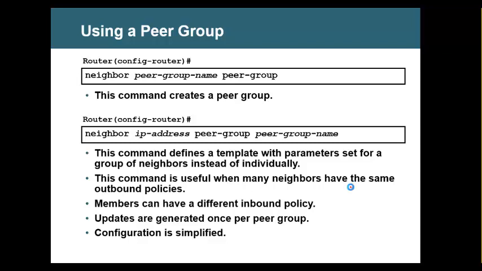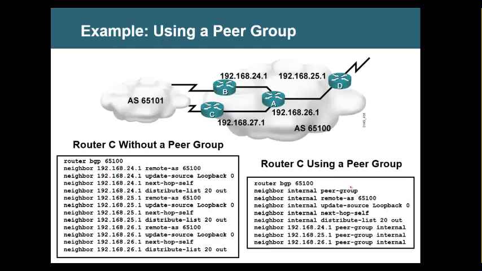For example, you see here, the one with the left hand side big box is without peer group. See, the box size is big. The same configuration is done using peer group, which is on the right. Same configuration.